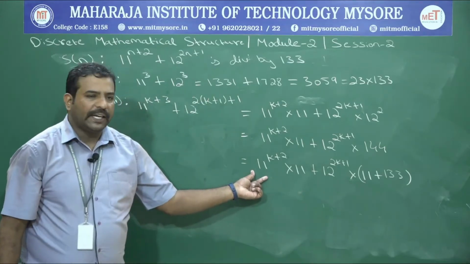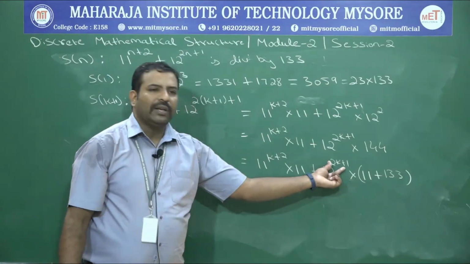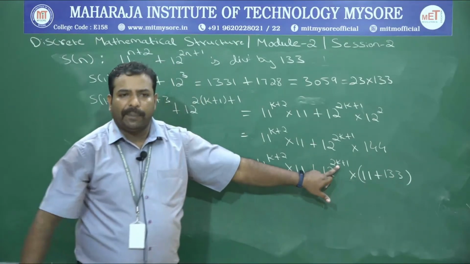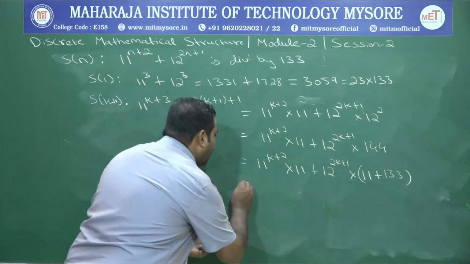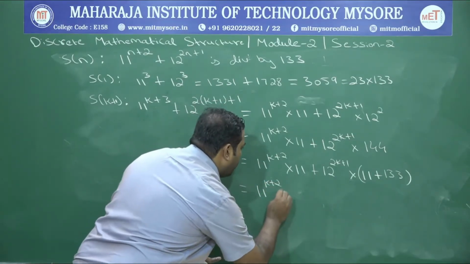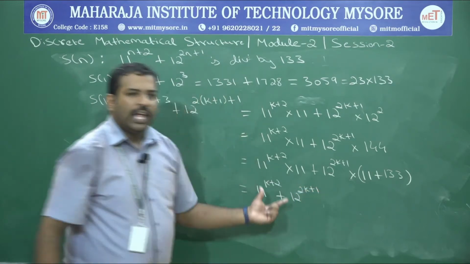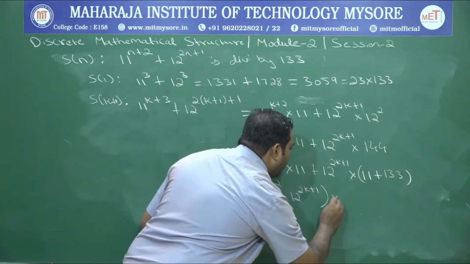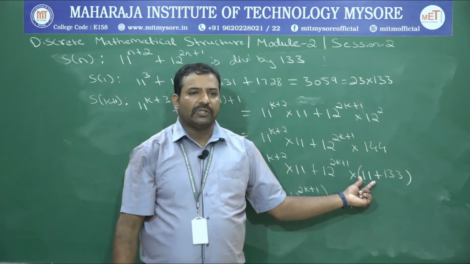Now again, in this statement, 11 to the power of k plus 2 plus 12 to the power of 2k plus 1, I am going to put it as a common factor, which should be multiplied by 11, because 11 is here and the 11 is also over here.